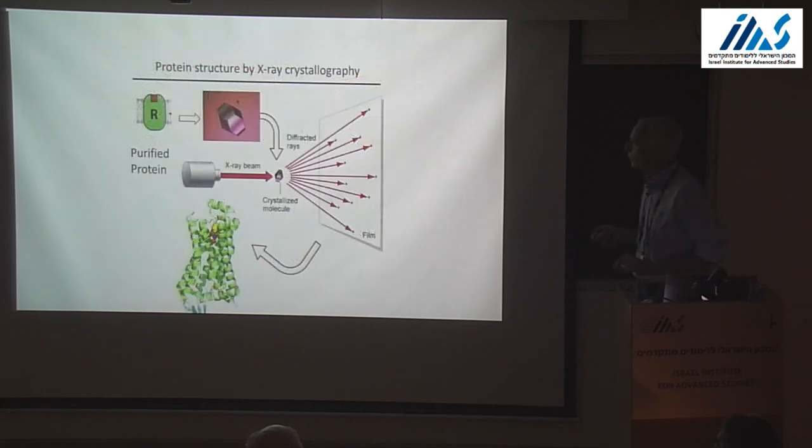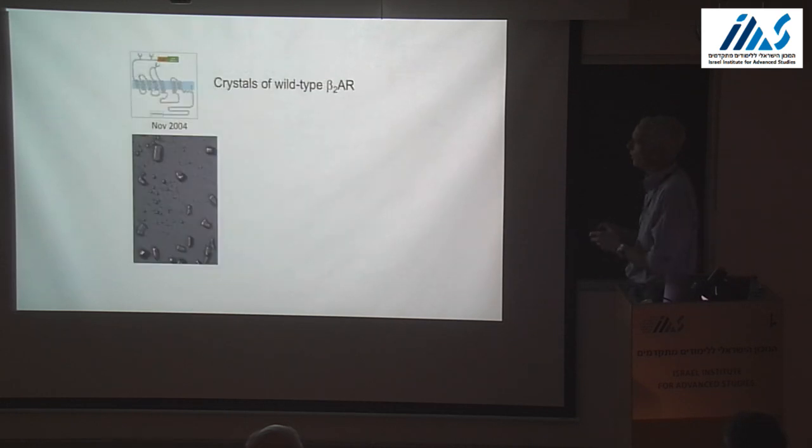Well, as you know, if you want to get a crystal structure, you need a crystal, and the crystal has to be well-ordered protein molecules in a three-dimensional array. And the problem is if you have a dynamic protein, sometimes it's more difficult to form these well-ordered arrays. So just using the wild-type beta receptor with a couple of affinity tags, we were ultimately able to get crystals in 2004.